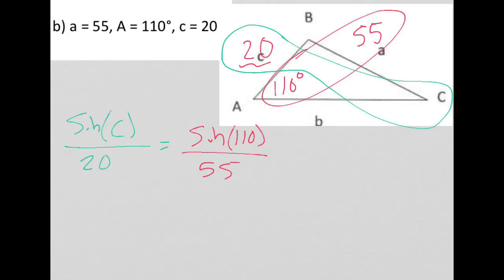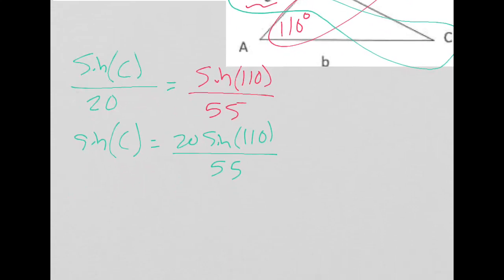Well, we're going to get the sine of angle C equals 20 times the sine of 110 divided by 55, just like that, which then means C will equal the inverse sine of that entire thing. And in your calculator, this is how I would type it.